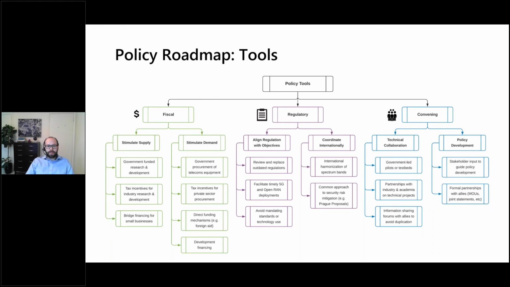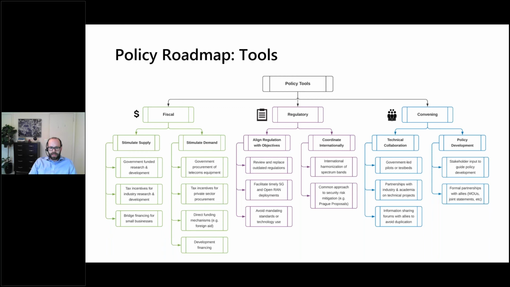Also, avoiding mandating standards or technology use, which ultimately creates challenges further down the road as standards are updated and different technologies are adopted, and we don't want to box ourselves in by putting mandates in place.